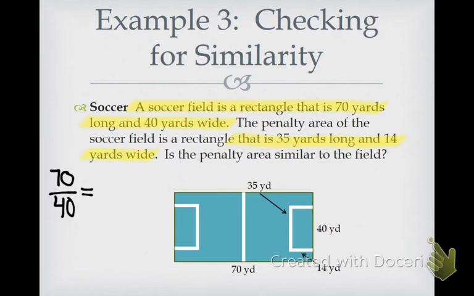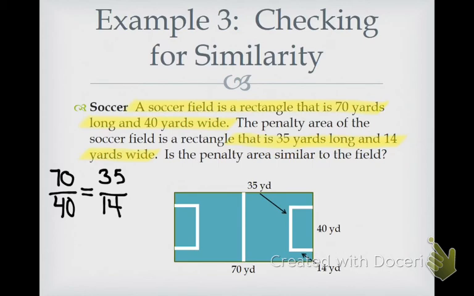You have to pay very close attention. What if on the second one, they switched it and gave you the width first, to see if you were paying attention? Make sure, since the first ratio is length over width, that your second ratio is also length over width. Go ahead and fill it in. What's my second ratio? 35 over 14.